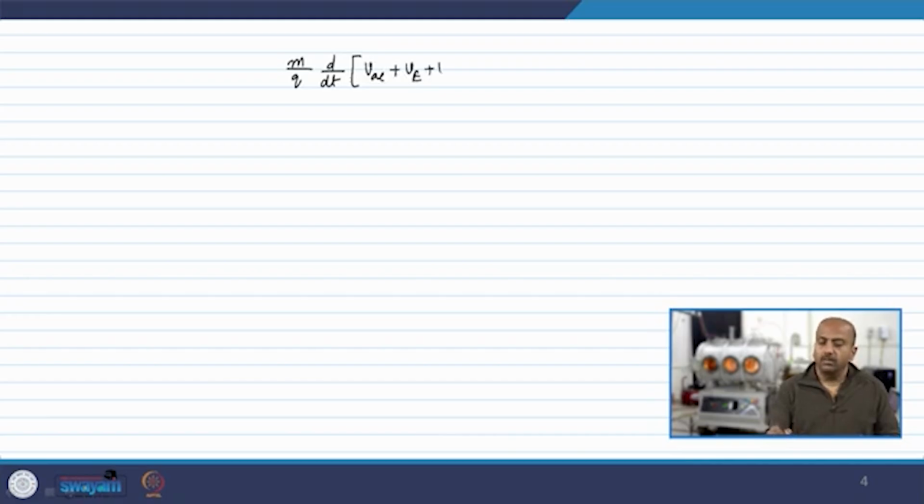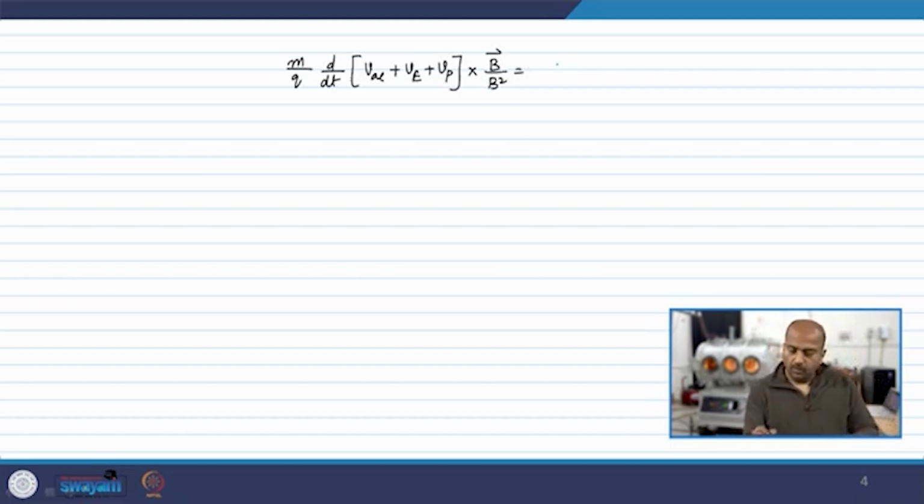When we do that, we have a bit lengthy equation which is m by q d by dt of, substituted on both sides, V_AC plus V_E plus V_P cross B by B square is equal to E perpendicular cross B by B square minus V_AC minus V_E minus V_P.